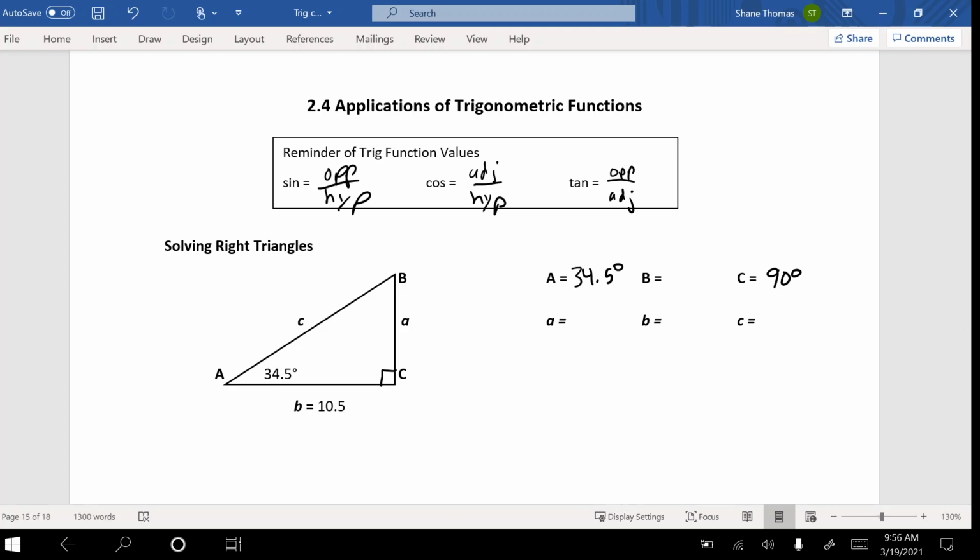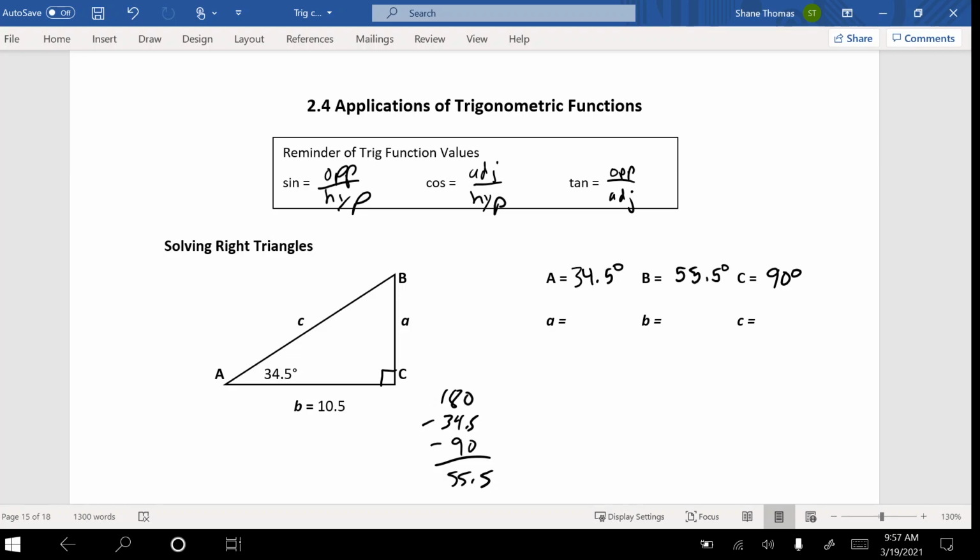So if I want to find angle B, I just have to do what? Add them, subtract from 180, or just subtract off, right? 180 minus 34.5 minus 90 is going to be what? 55.5, correct. So angle B is 55.5.